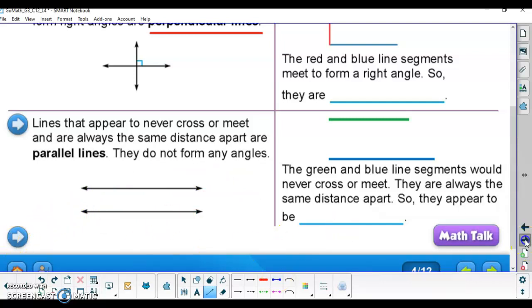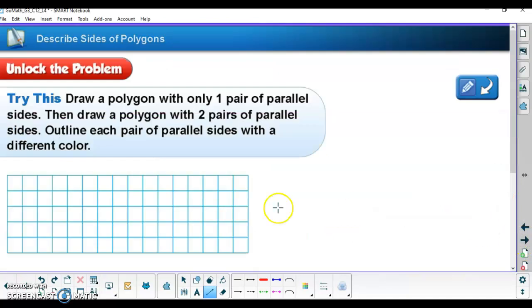So now we can move on to the next page. On this page, we're going to draw one polygon that has one pair of parallel lines. We just learned that parallel lines are lines that have the same distance apart.